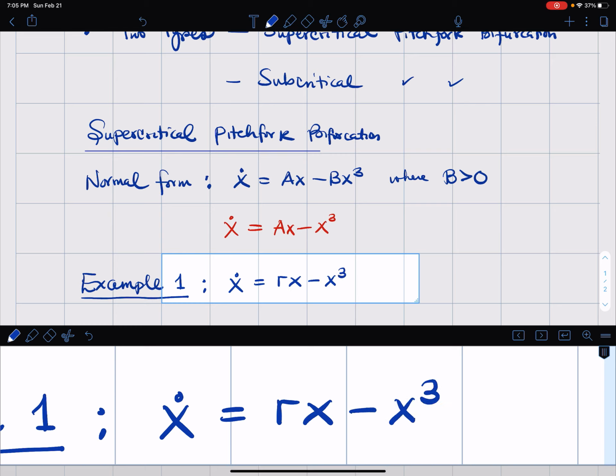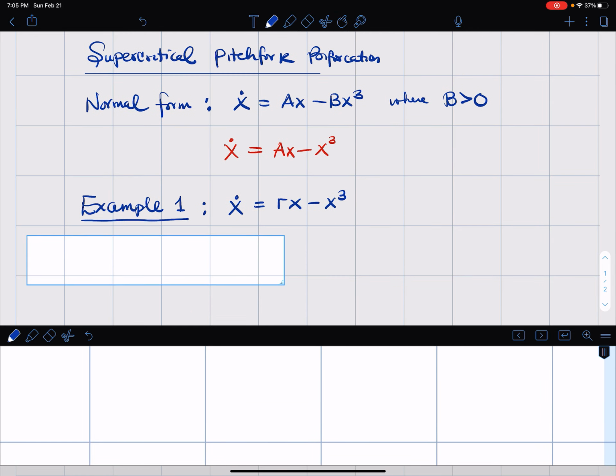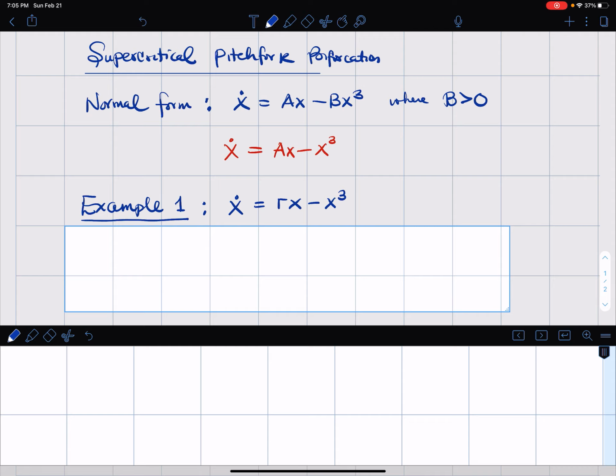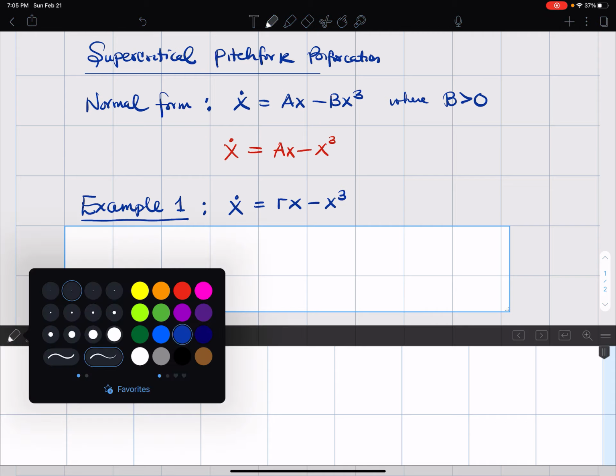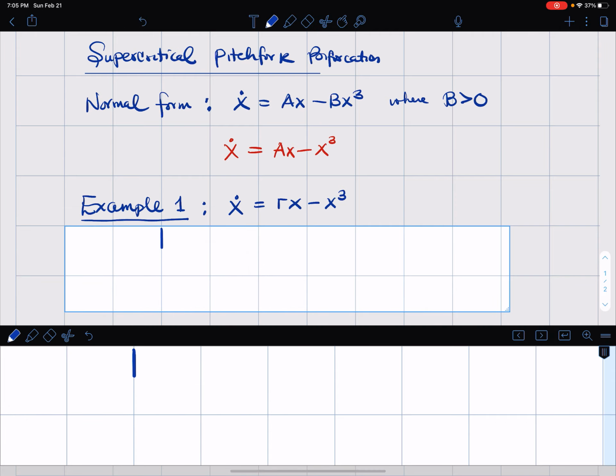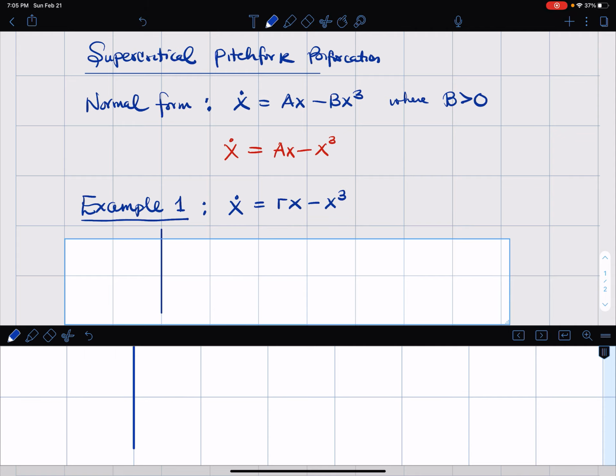Okay, so let's look at if you sketch this diagram, or if you sketch x dot against x, this is the x dot and this is x.